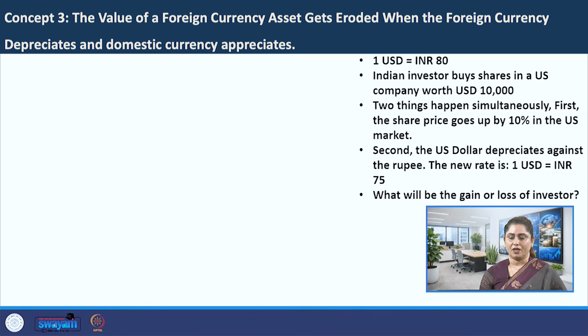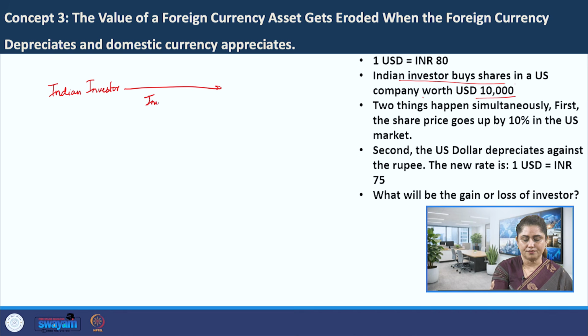Let us say that there is an Indian investor and he has bought shares worth $10,000. So, this Indian investor has invested in the US and bought the shares.